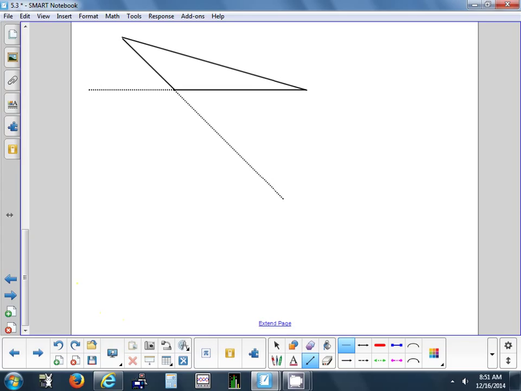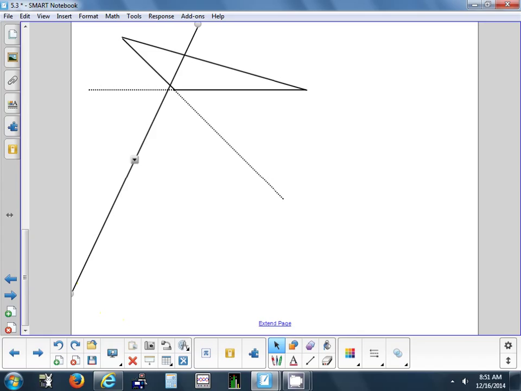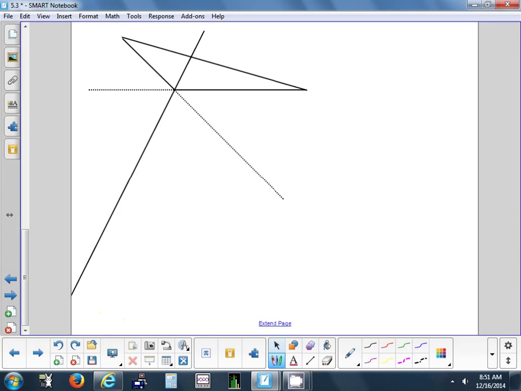From the vertex, perpendicular to the other side. You know what? I'm going to extend it. I'm going to extend it pretty far down. And then let's try to move it. Any questions on that one? Perpendicular.